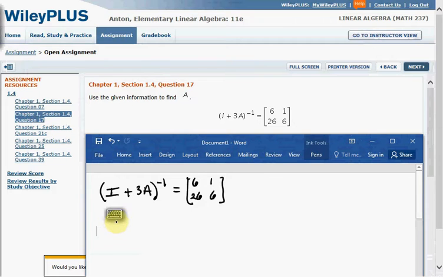So we know then that this implies that I plus 3 times A is equal to the inverse of the right side. You follow me on that? Okay, Daniel? Okay, so now what we want to do is, of that 2 by 2 matrix, find its inverse, and we set that equal to the identity plus 3 times A.